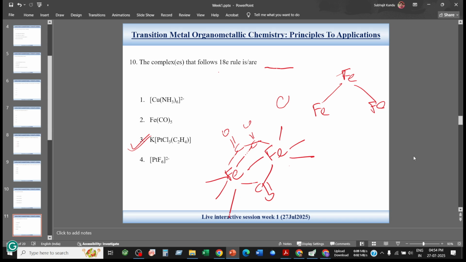And for the platinum, last one. Platinum contains 8 electrons. Fluorine has 1 extra electron, so 8 plus 6 is 14. Then 2 minus is there, right?